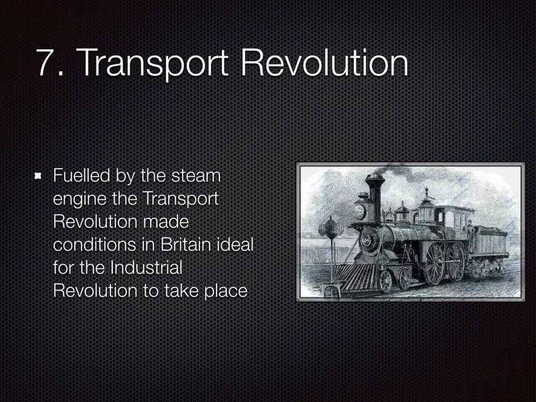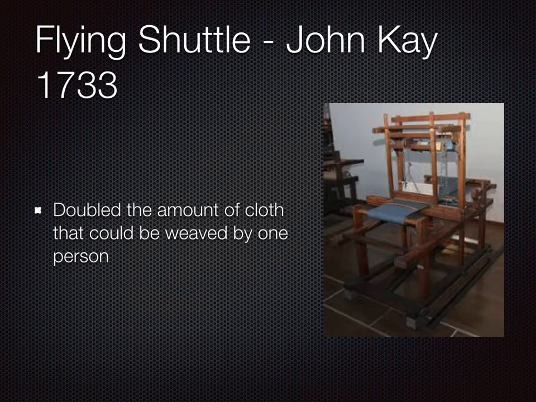One of the first inventions of the Industrial Revolution actually happened before 1750, and this was the Flying Shuttle, invented by John Kay around 1733. It allowed a weaver to double the amount of cloth that could be woven by one person, therefore bringing up production efficiency.